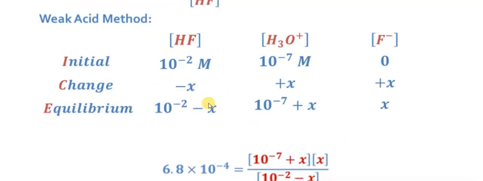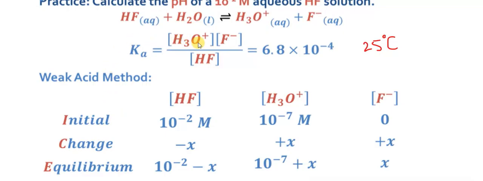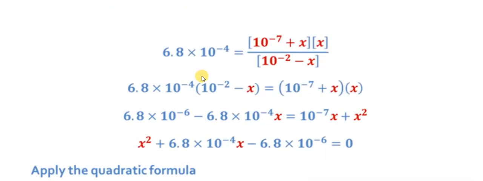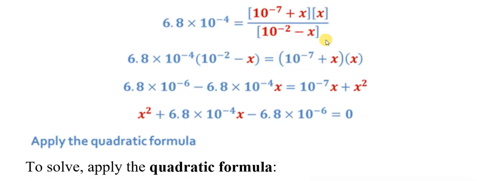We write these concentrations in the Ka equation: 6.8 times 10 to the power minus 4, and these are the concentrations from the ICE table at equilibrium. Now we find the value of x. How can we find the value of x?